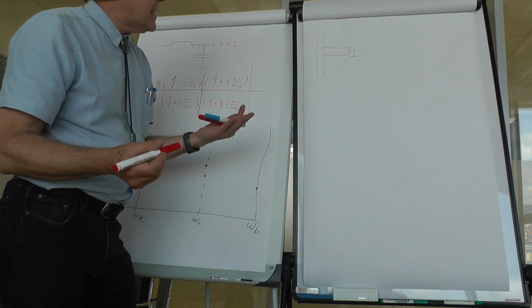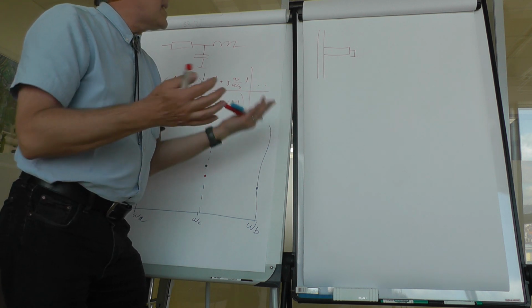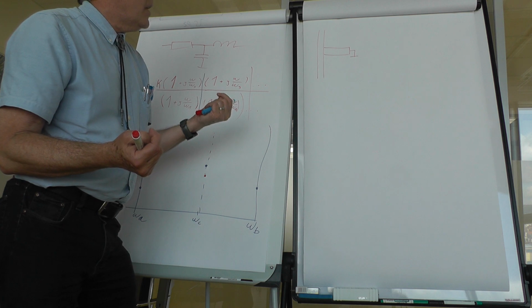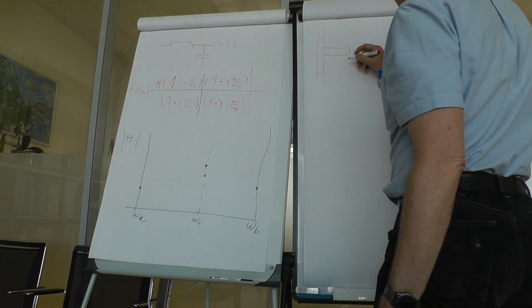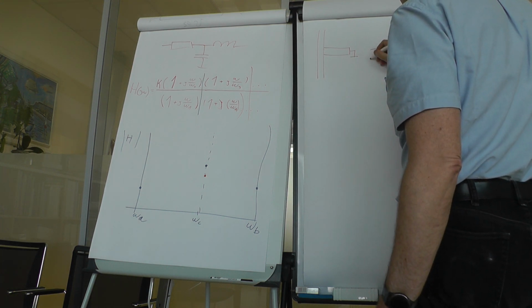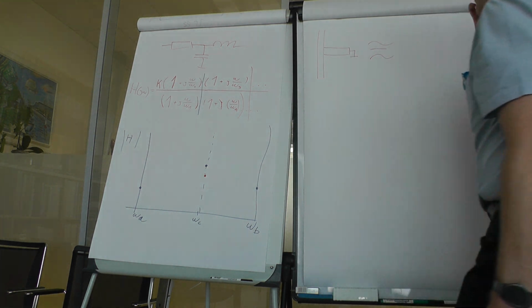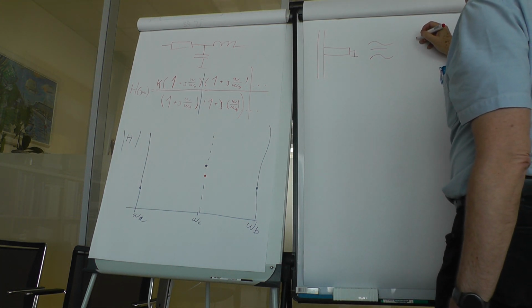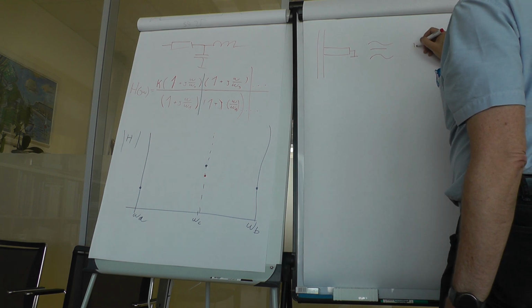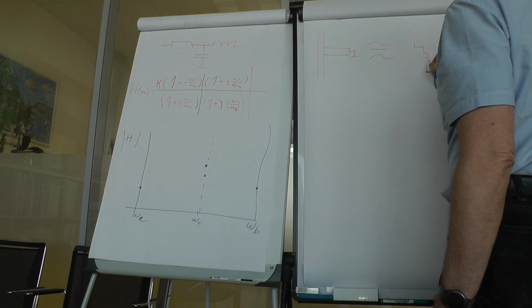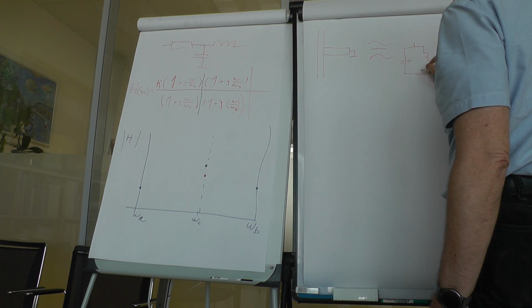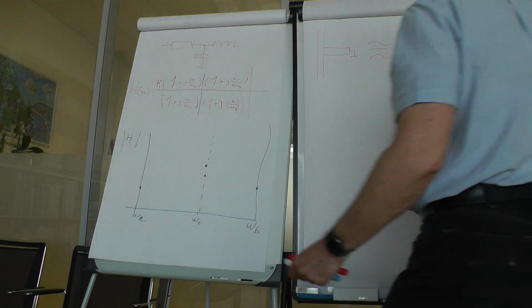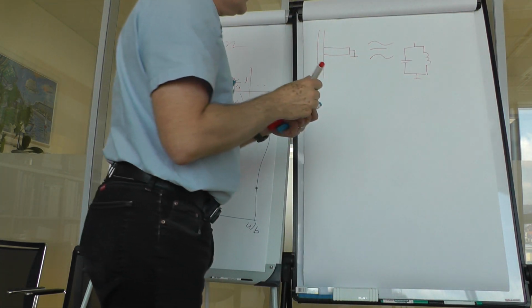So this is resembling the situation of a resonance circuit, which is connected here to the line. So this is something which is more or less like a resonance circuit. So this would behave like a resonance circuit.